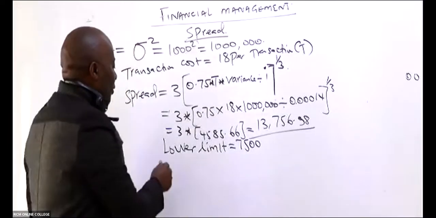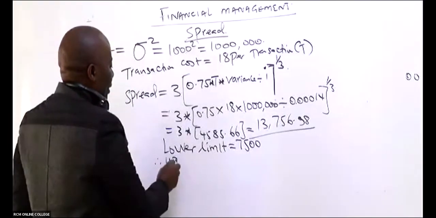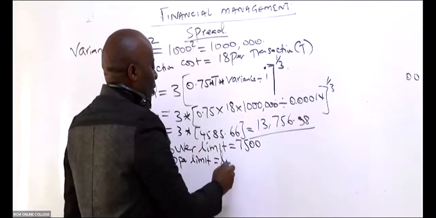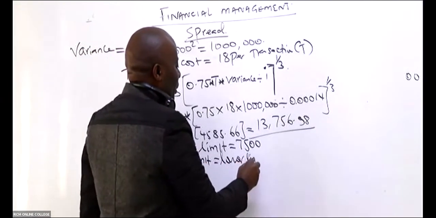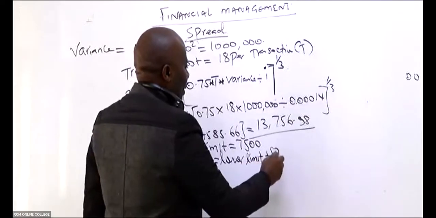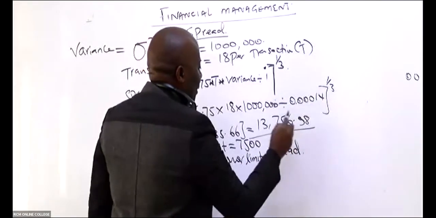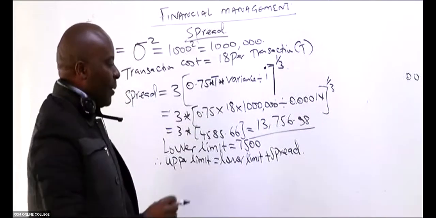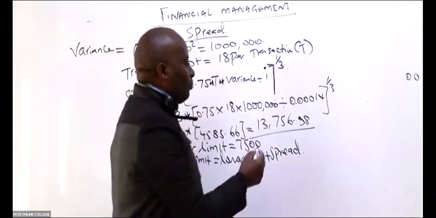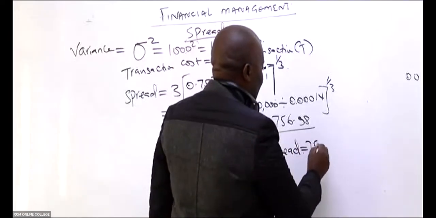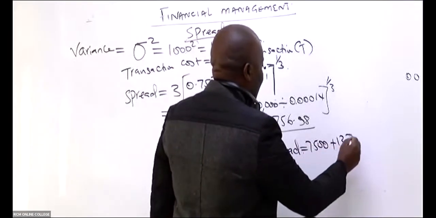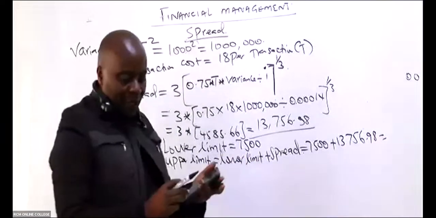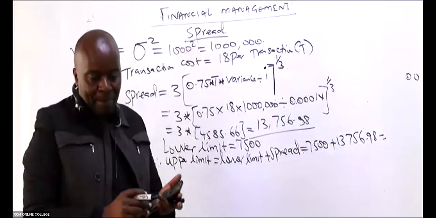Therefore, the upper limit will be the lower limit plus the spread. So we have 7,500 plus 13,756.98.